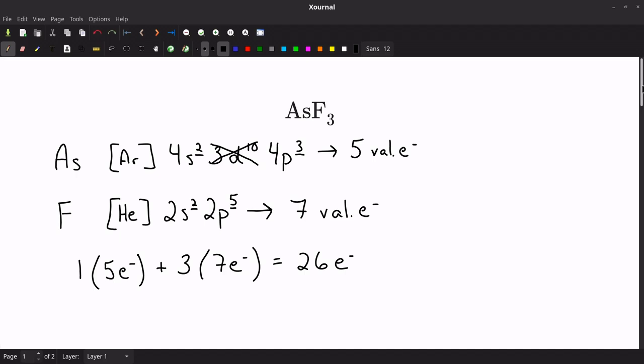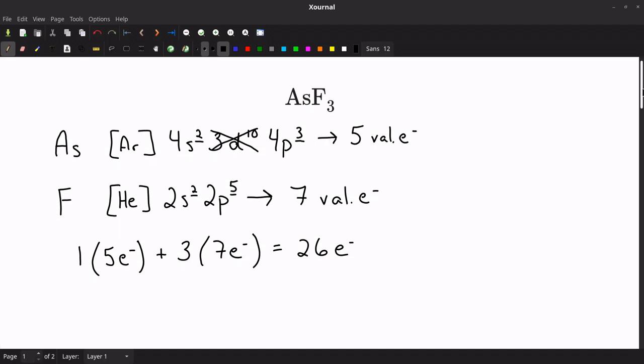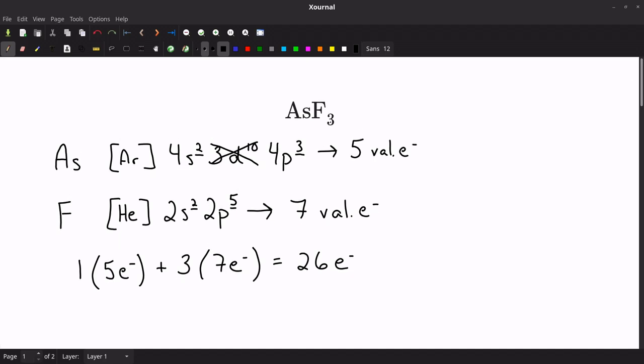Now we need to draw our skeletal structure. We want to place the least electronegative one in the center. Fluorine is the most electronegative element that there is. It's always going to be terminal. We don't typically put fluorine in the center, which leaves arsenic as our central atom.